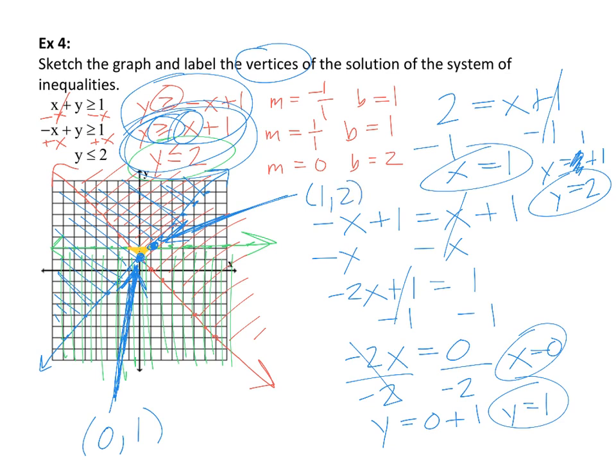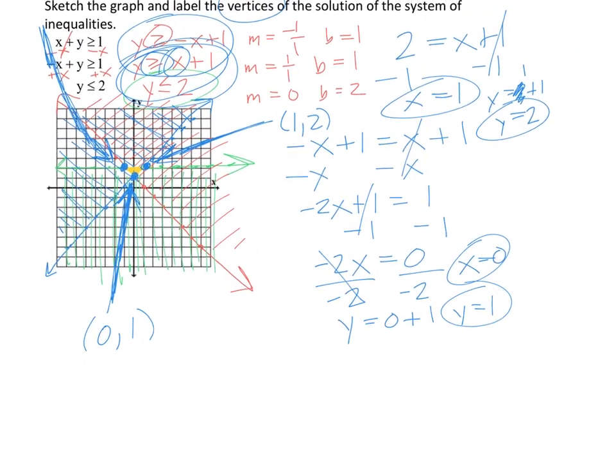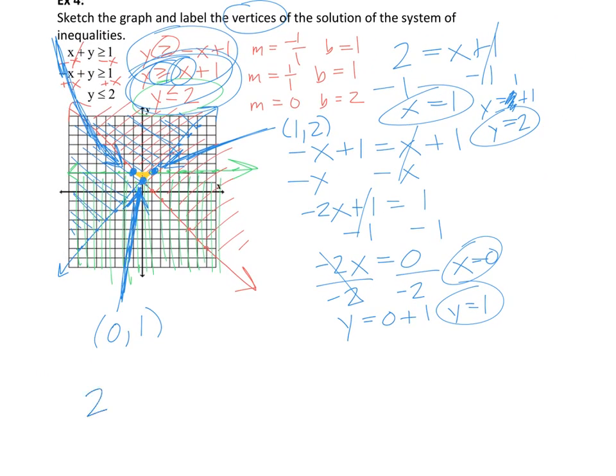And then there's the third point. One more arrow here for this point. So that's going to be the first and the third equation. Let's give myself some room on the bottom here. So I have 2 is equal to negative x plus 1.